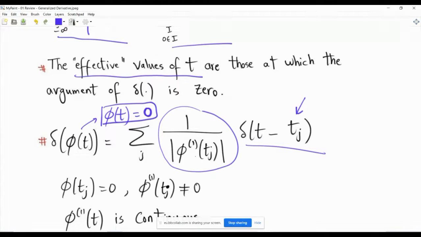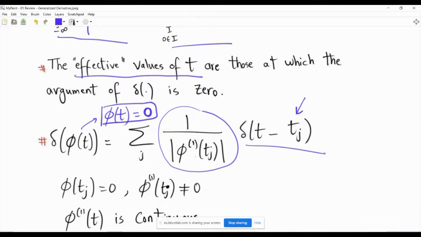More importantly, during the derivation, the first derivative at those points is strictly positive or negative, and coupled with the extra assumption that the first derivative is a continuous function, this means the first derivative is strictly positive or strictly negative on an interval about t1, t2, t3 and so on.